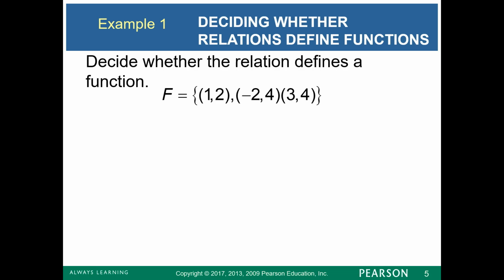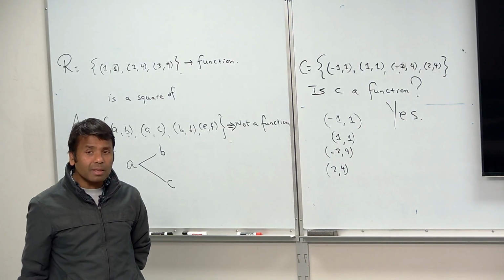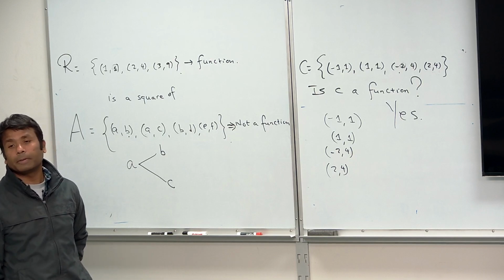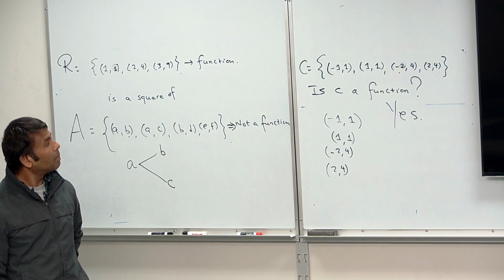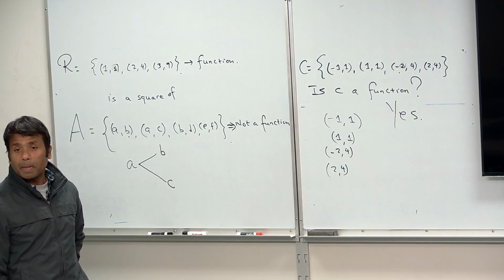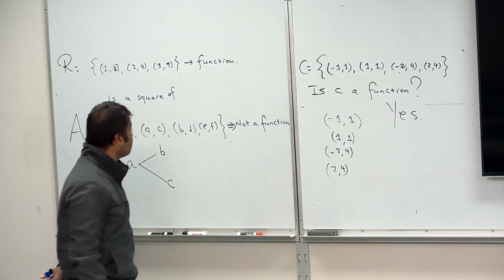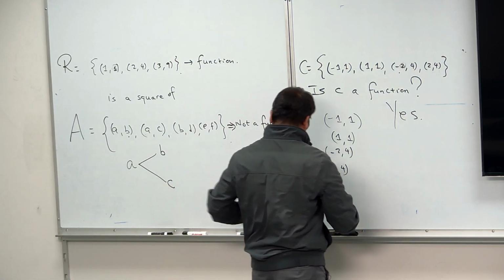You see the distinct x values, negative 2 and positive 3? They correspond with the same y value. What do you think? Is this a function or not?